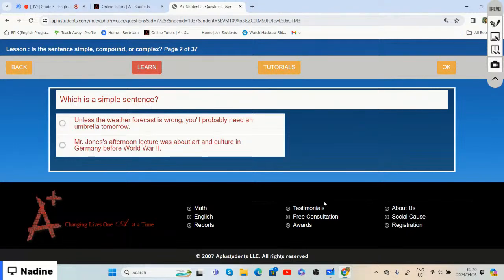We need to say which one is a simple sentence, right? It just expresses a complete thought, has both a subject as well as a predicate, right? So a simple sentence. It says, unless the weather forecast is wrong, you'll probably need an umbrella tomorrow.